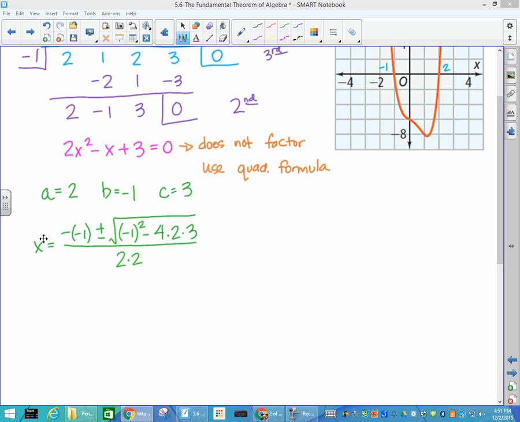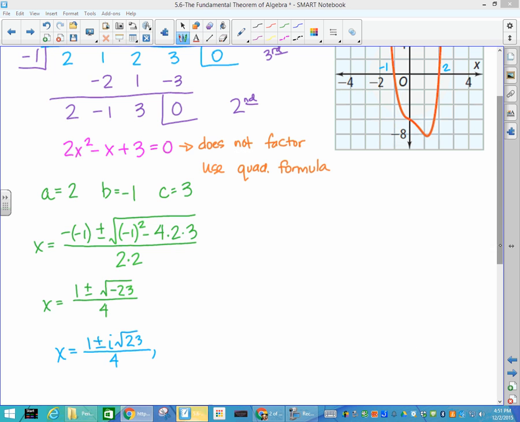And if we want to simplify that, that's going to be x equals 1 plus or minus the square root of negative 23 all over 4. And really the only thing you need to do with that is you can't leave that negative there. So let's go with our final answer. I'm going to write x equals 1 plus or minus i square root of 23 over 4. Nothing cancels.